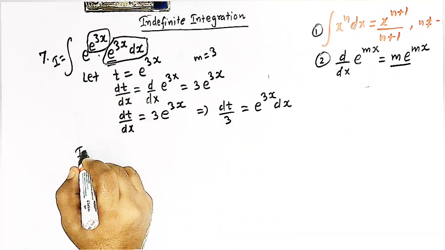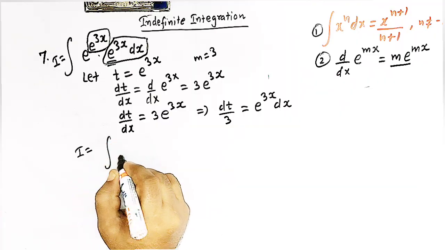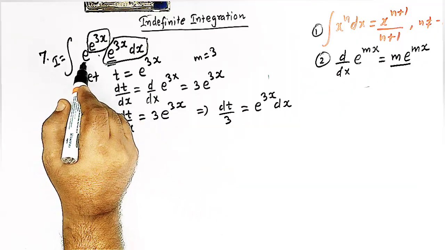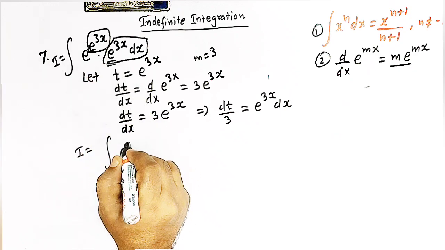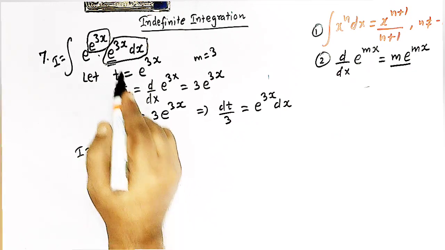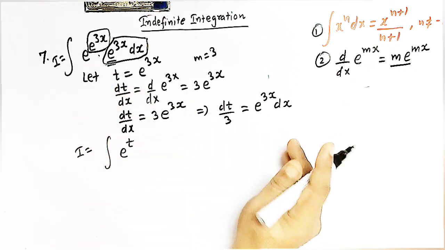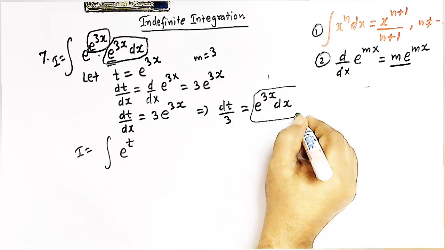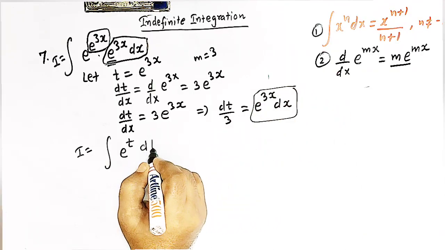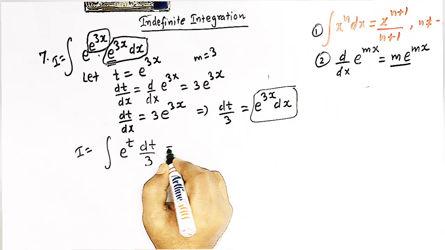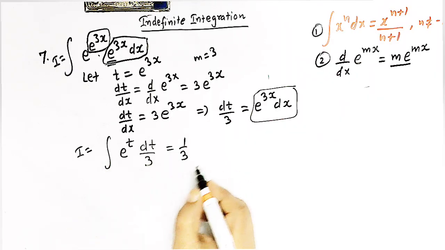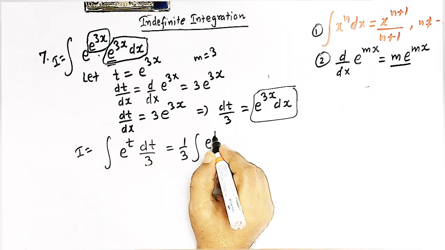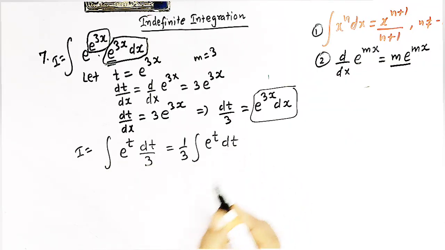So now this integral I takes the form e raised to, and e raised to 3x can be written as t, and e raised to 3x dx can be replaced by dt over 3. So we can now take 1 over 3 outside the integral, and we have e raised to t dt.